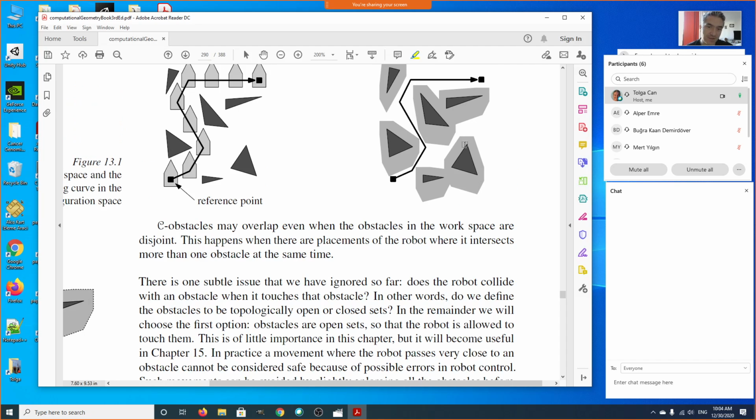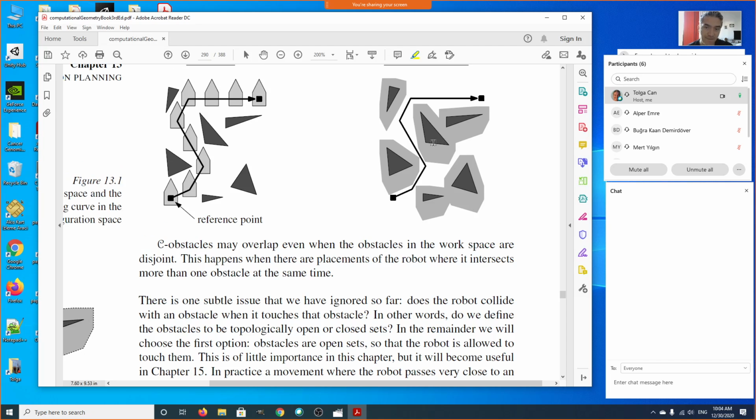But we will also see something really interesting when we have these expanded obstacles. When the robot is a convex object and the obstacles are also convex objects, their Minkowski sum is a very special type of polygon.